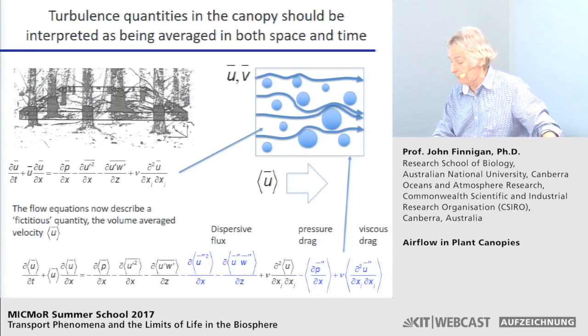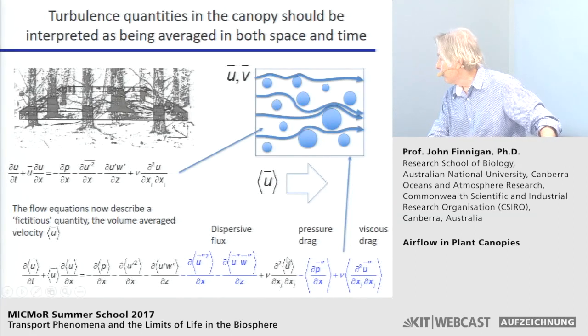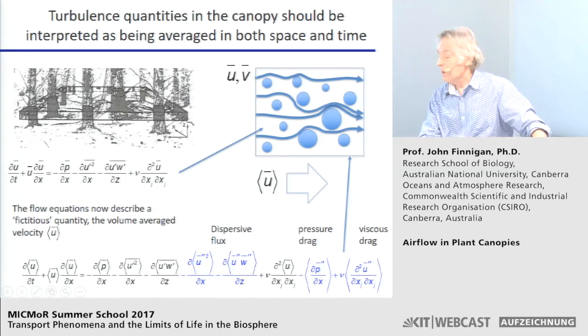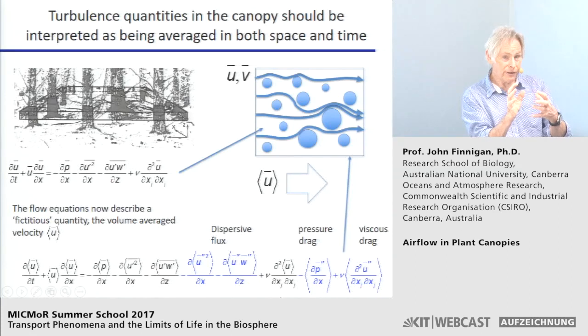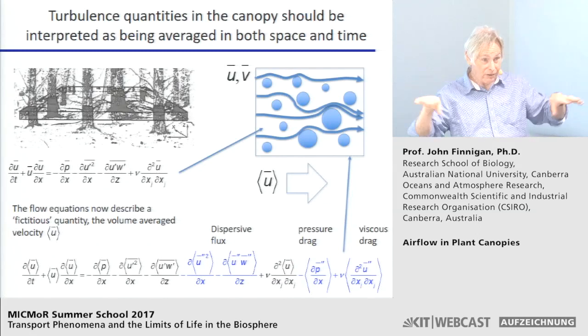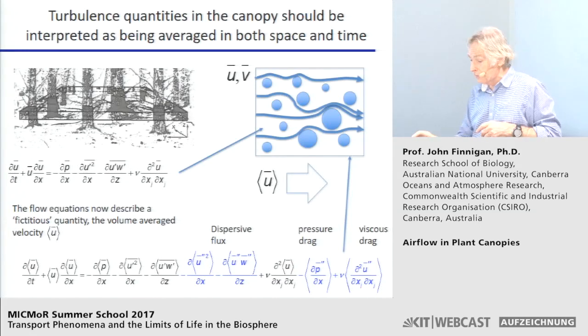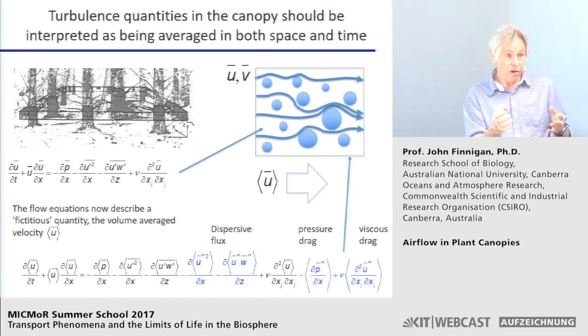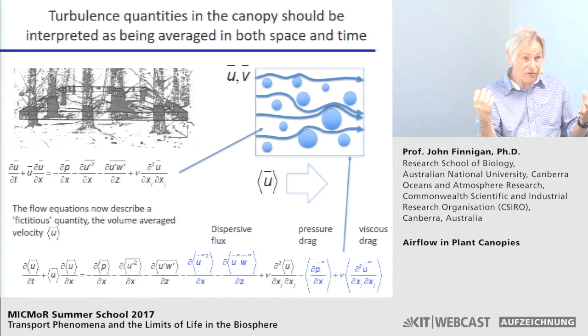And when we do that, we find that we get two terms here. One is the average of all the front-back pressure differences on all the bits of plants which stick up through our little slab of air. And the other is the viscous drag on all the plant bits that stick through our slab of air.